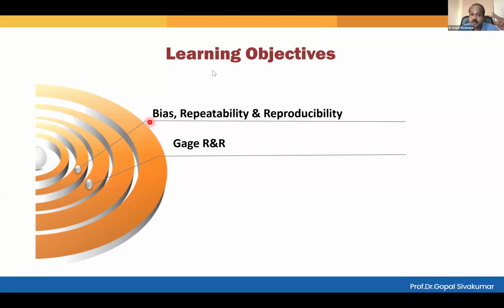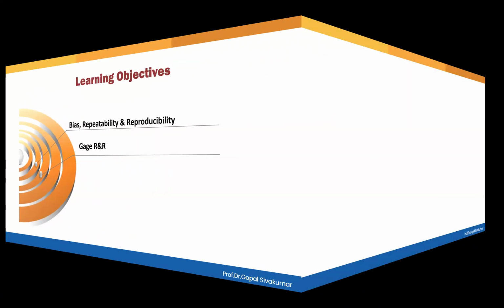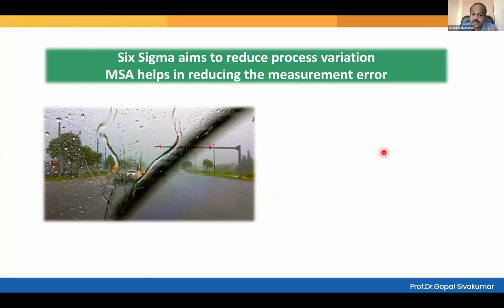I wanted you to compare this precision error with respect to the customer-provided tolerance. So you need to take a ratio, precision error divided by customer tolerance. When it becomes a ratio, that is known as gauge R&R. I'll show that.